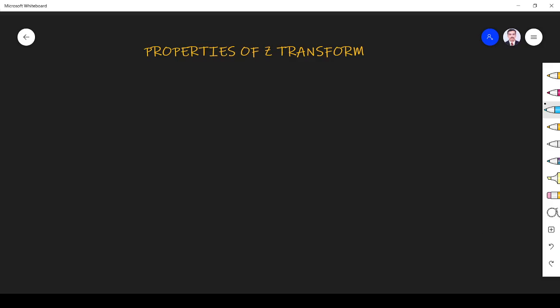Hi students, in this class we see about properties of Z transform, and the first property is linearity. So this is an important property.